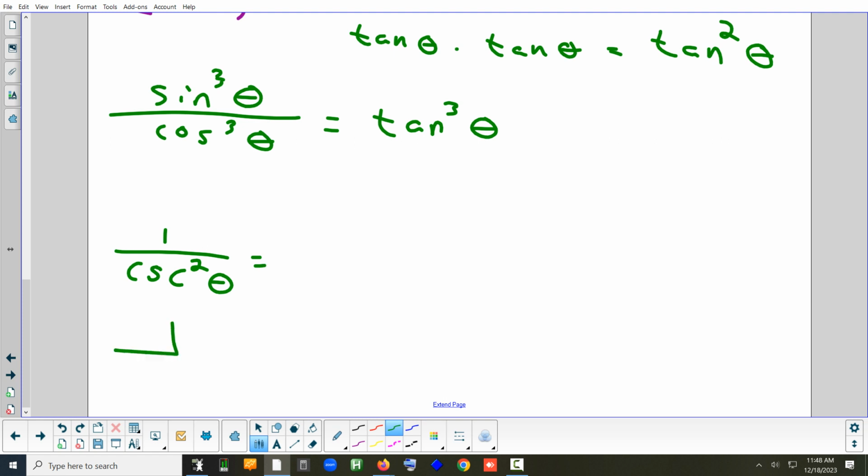Well, think about this. When you flip the cosecant, what do you get?